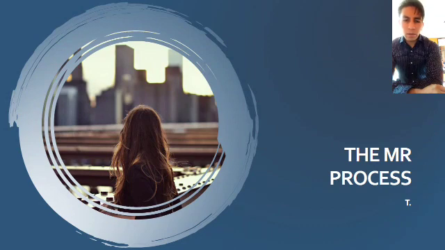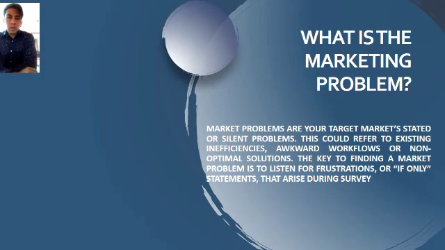Hi, my name is Miguel. I'm talking about the market process, or also the marketing process. Problems in the marketing process are very common after you have interviewed potential users of your product and reviewed the results. The next step is to understand their common problems.